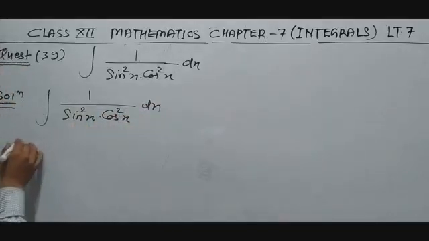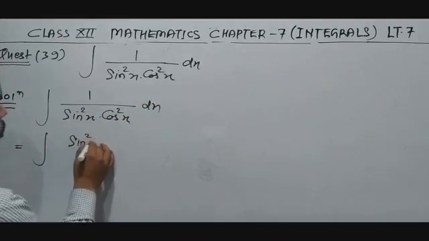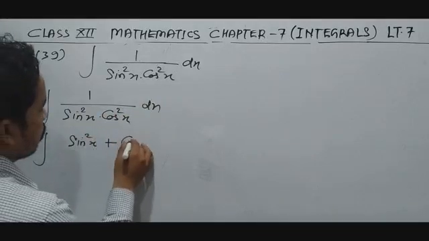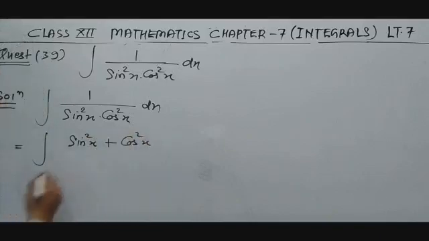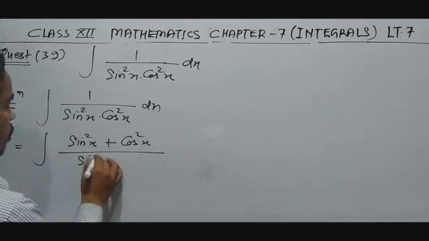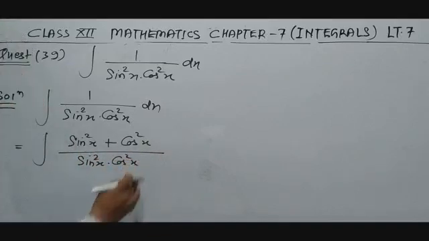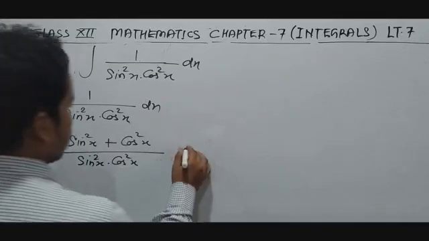So 1 can be written, using the trigonometrical identity, as sine square x plus cos square x, whose result is 1, upon sine square x into cos square x dx.